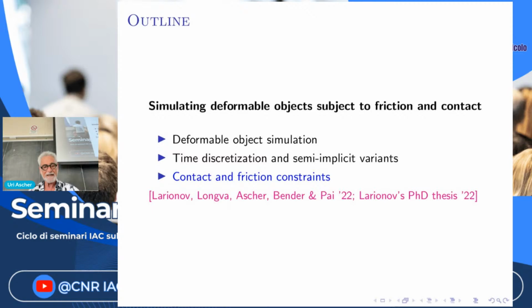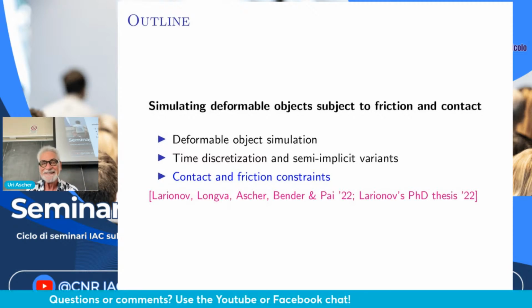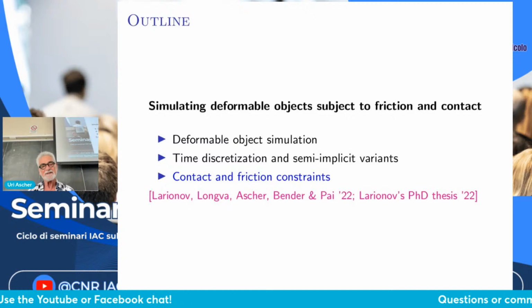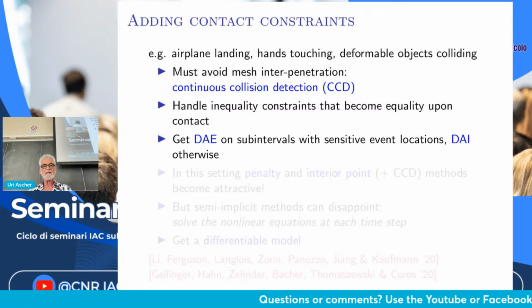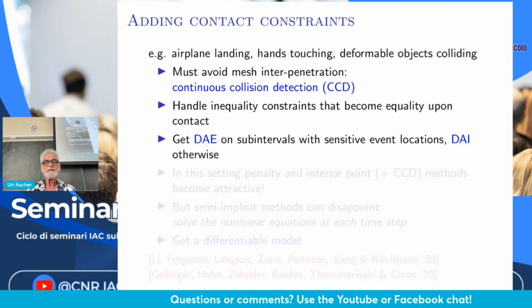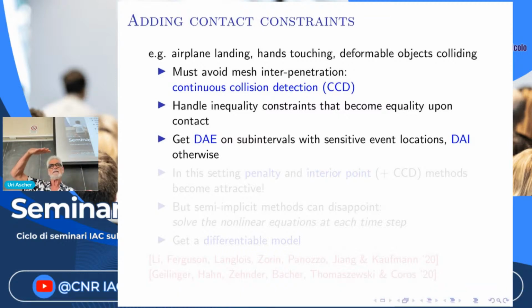Okay, all that is past. There was a volume that in fact Fasmo edited, and there was a paper that we put there about this. But now let's look at contact and friction constraints. If I have an airplane landing, then I have an inequality constraint as long as it's in the air, which means the height is non-negative, and then when it touches, that's an equality constraint.